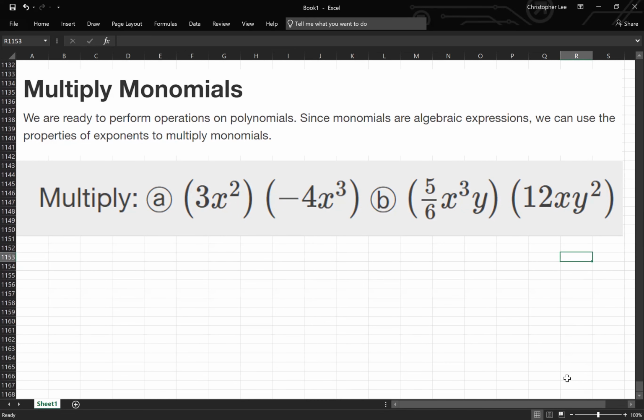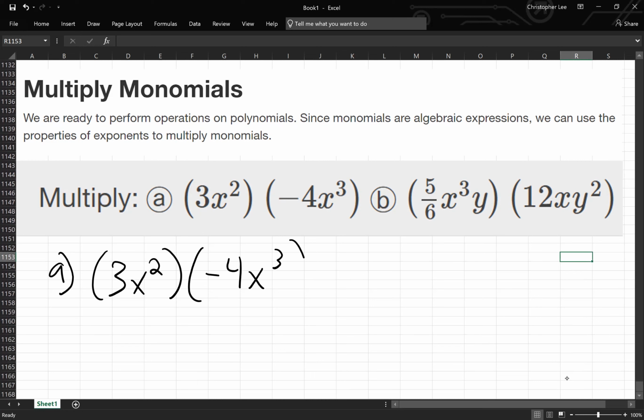Once again, let's say for A, I have 3x squared times -4x cubed. Remember, numbers with numbers, variables with variables. So what's 3 times -4? -12. And x to the second times x to the third is x to the 5th, not 6. So when we multiply the powers, we add them, right?